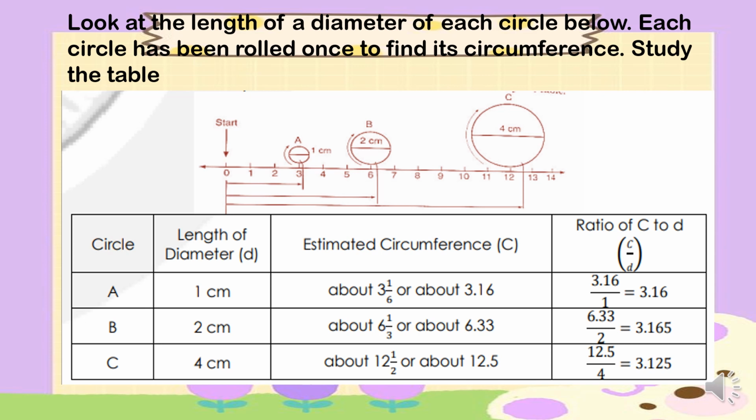And the ratio of C to D is C equals 6.33 over 2 equals 3.165. For circle C, the length of the diameter is 4 centimeters and the estimated circumference is about 12 1/2 or about 12.5 centimeters. And the ratio of C to D is 12.5 over 4 equals 3.125.